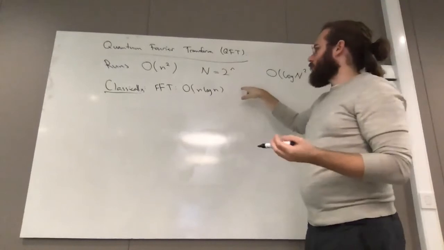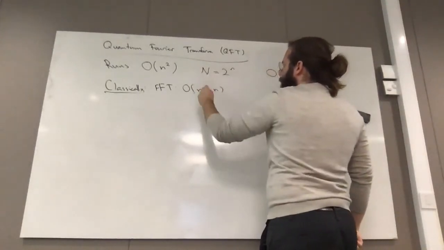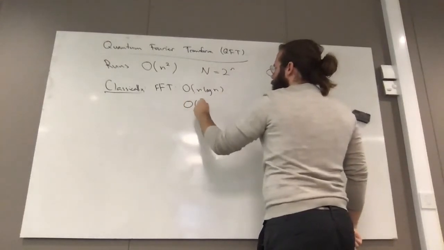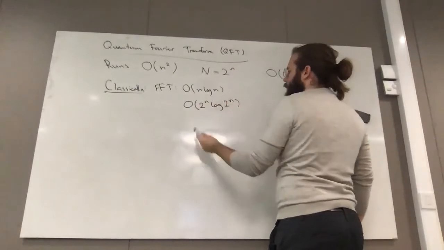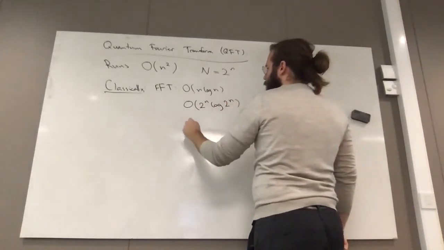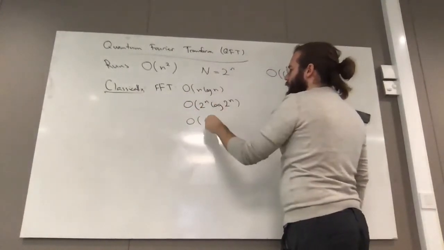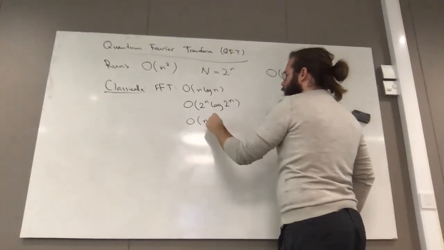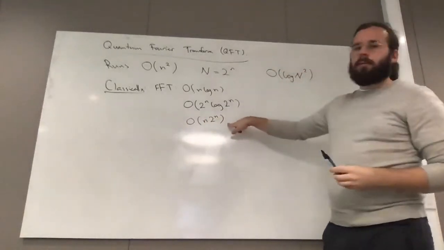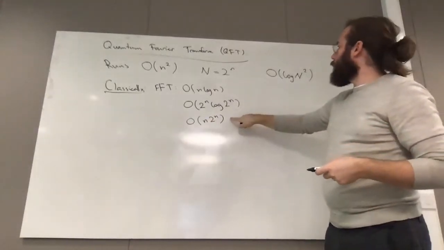So if you input big N equals 2 to the n, this becomes 2 to the n log 2 to the n, which means that using the fast Fourier transform on quantum data would take you n 2 to the n time, which is exponential, and that's the big difference.